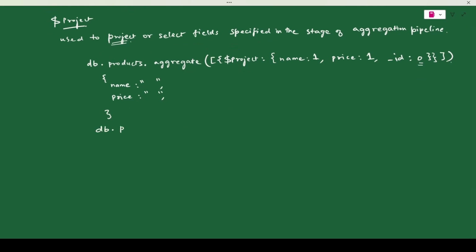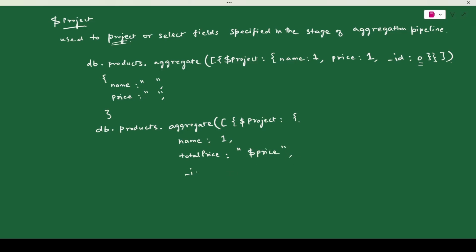Let us understand another example. db.products.aggregate. Again we use this array, and we will have the project operator again. Let's say I want name here, so name will be 1, and the total price will be used as price.